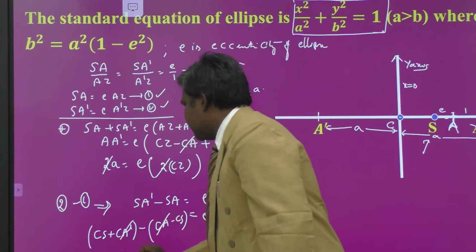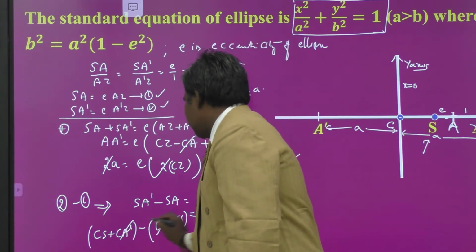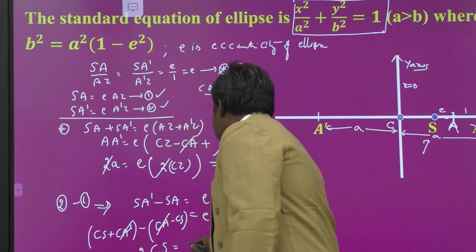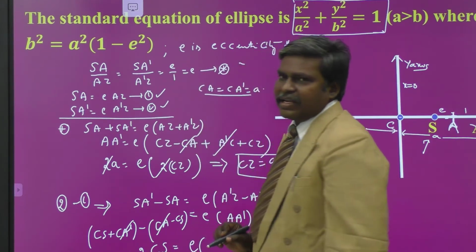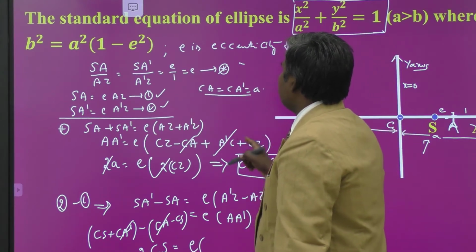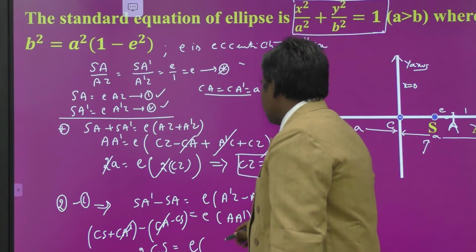So CA and CA dash get cancelled. CS plus CS is 2CS. 2CS is equal to E times of AA dash. AA dash already you know is 2 times of CA, that is equal to 2A.